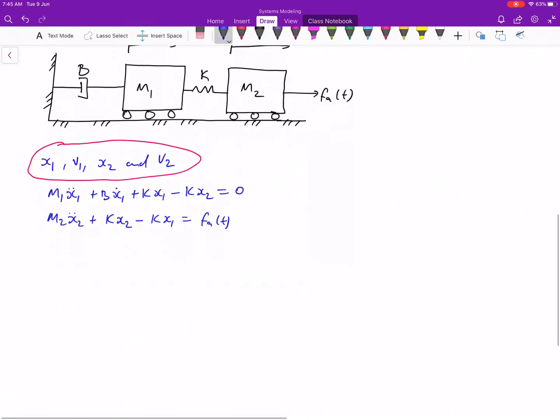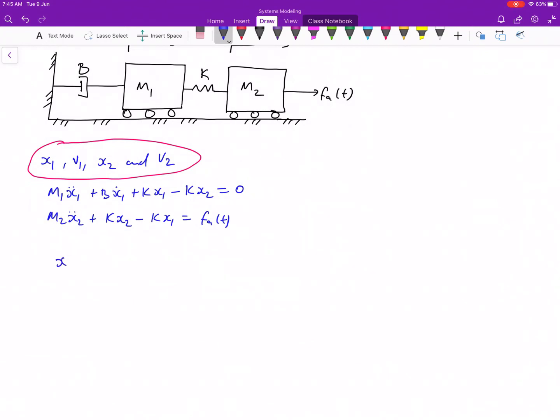Let me just write them down properly. So we have x1, we have v1, we have x2, we have v2. And we said we need to find the derivative of each of them. We know x1 dot is equal to v1, and for v1 dot we are going to solve this equation.